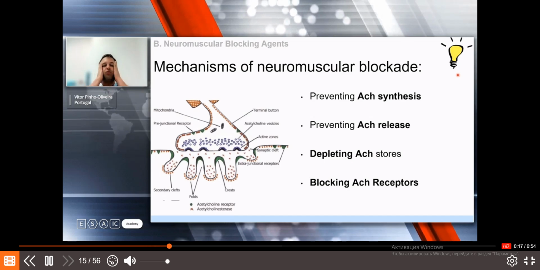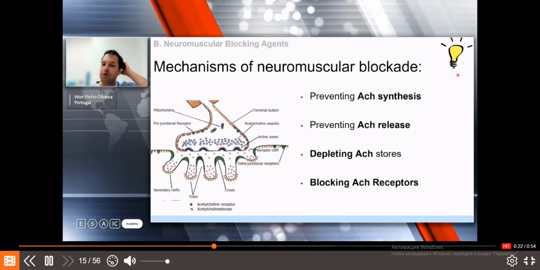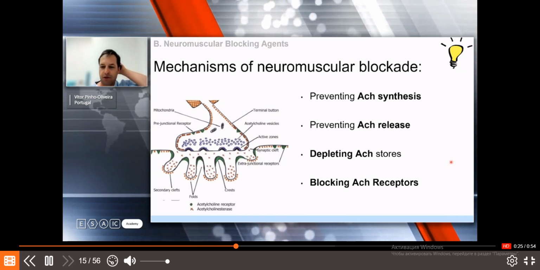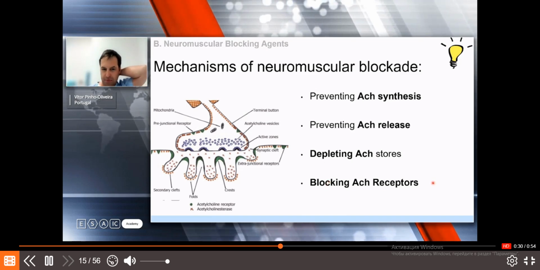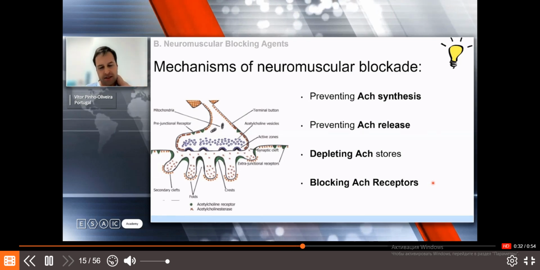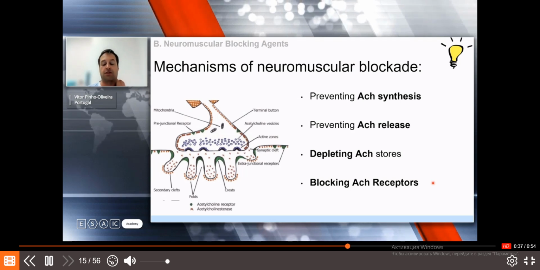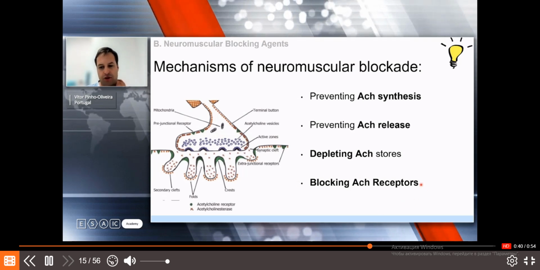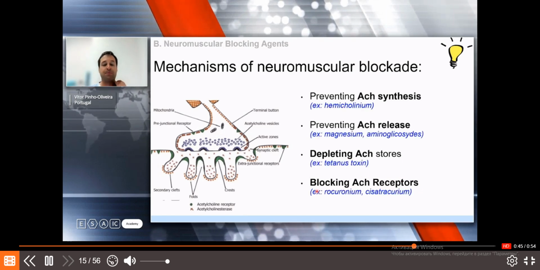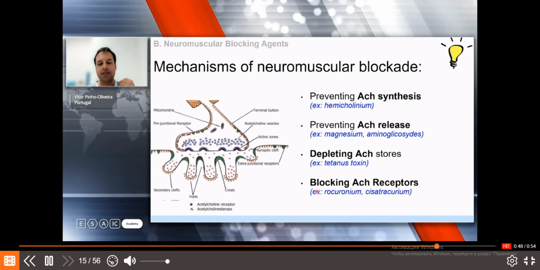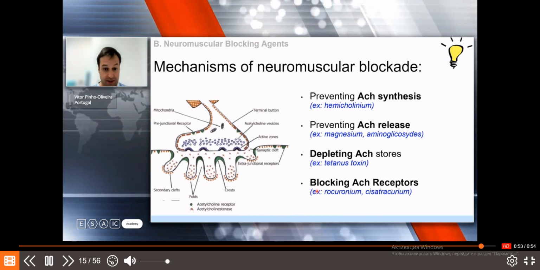So when we ask which mechanisms of neuromuscular blockade do you know, they most frequently only refer to the last one, blocking acetylcholine receptors, but there are other mechanisms, like preventing acetylcholine synthesis, preventing its release, or depleting acetylcholine stores. The most important clinically for us anesthesiologists is blocking the receptor. But remember that we have drugs or toxins that also cause neuromuscular blockade through these mechanisms.